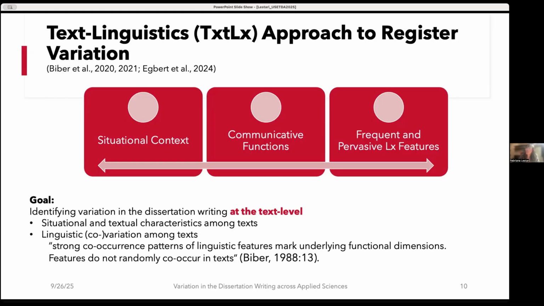Something I would like to highlight about this approach is that the observation in my analysis is not at the register level or the data level, but more fine-grained, at the individual text level. The underlying notion of this approach is that strong co-occurrence patterns of linguistic features mark underlying functions, and features do not randomly co-occur in text. There should be something that motivates the co-occurrence of those features, either situationally or linguistically.